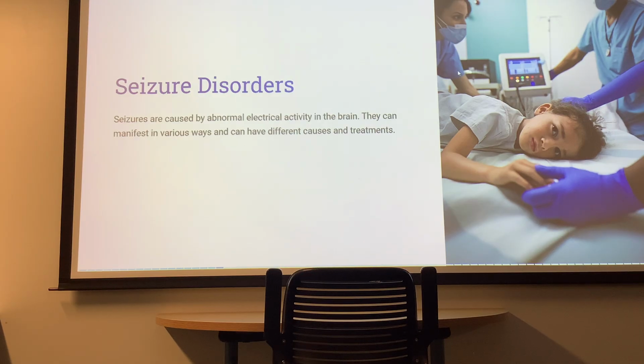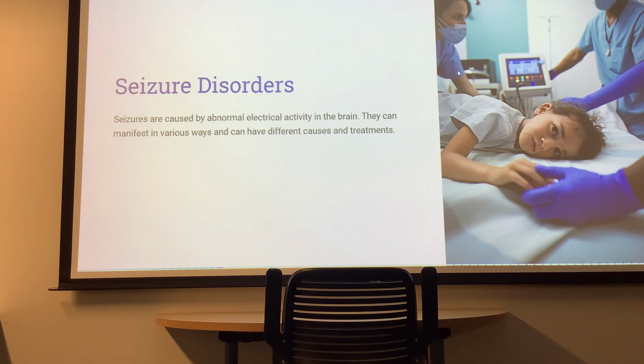So if they know that there's something going on with the electrical pathway in the heart that's causing something to happen, they'll do a cardiac ablation, right? To try to help with that. So they can do that in the brain. They can go in and they can ablate the brain in that area to try to get the seizure disorder to stop, right? So if you no longer have that piece that's sending out those signals that says, hey, it's time to go into a seizure, it's not going to cause them to go into a seizure, right?